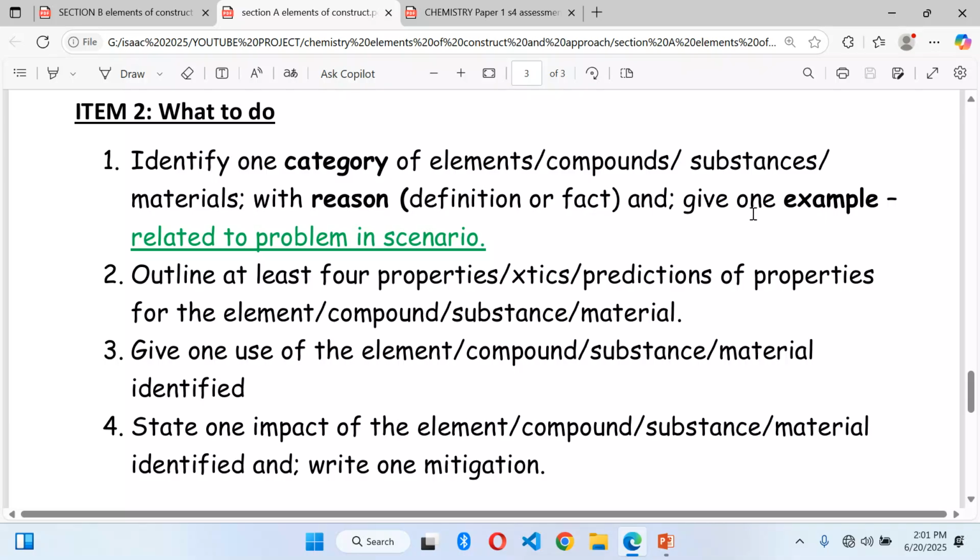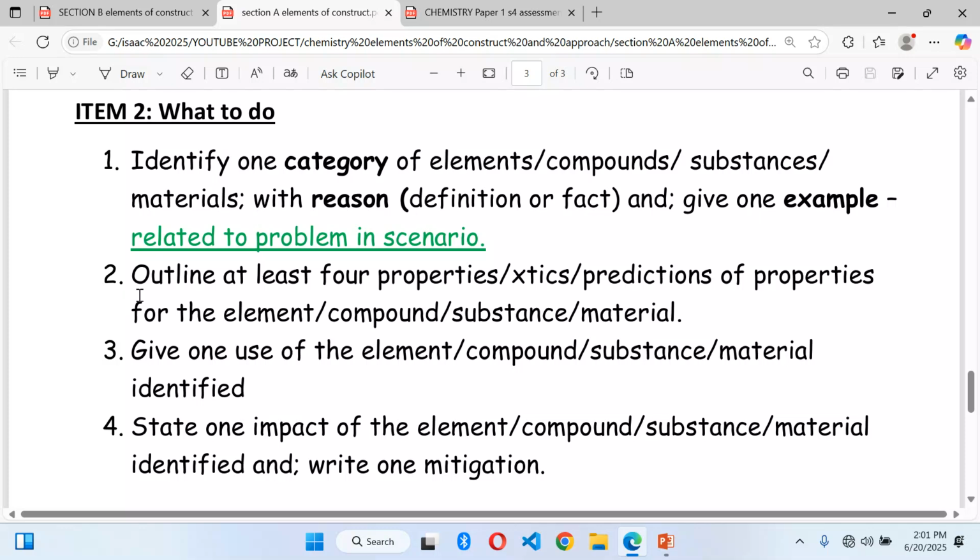We categorize the substance being mentioned, we give the reason, and then we give an example. Don't forget that in this paper, all the items are under this element of construct. So that is number 1 thing.